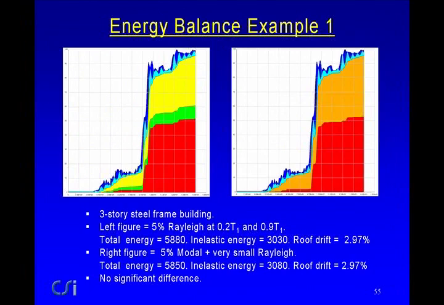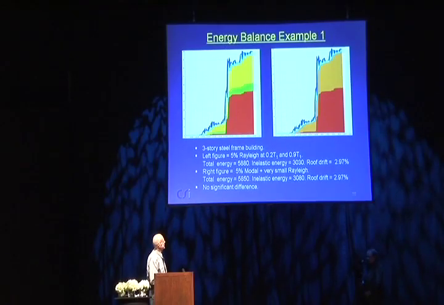The total energy dissipated and calculated is 558.80. Inelastic is 3030, and the roof drift was 2.97% from a dynamic analysis. When we do the same thing with 5% modal, very, very close total energy, very, very close inelastic energy, very, very close displacements. No significant difference for this frame for this particular case.